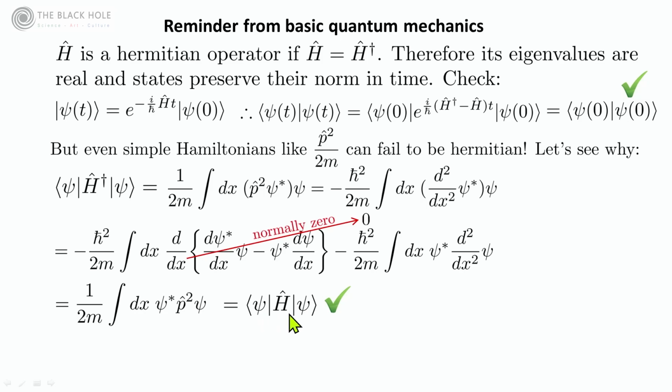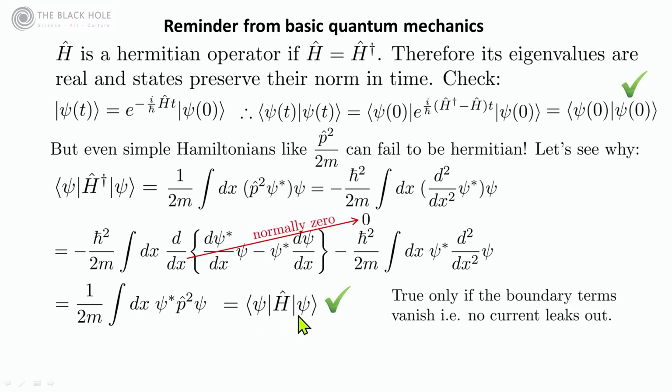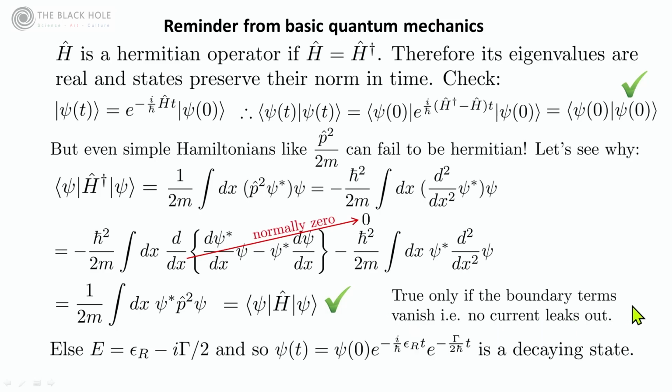And that's exactly what one means by a Hermitian operator. Hermiticity has been confirmed, but this, as I said, is true only if there are no boundary terms. I mean, that all the boundary terms vanish. In other words, there's no current which is leaking away.